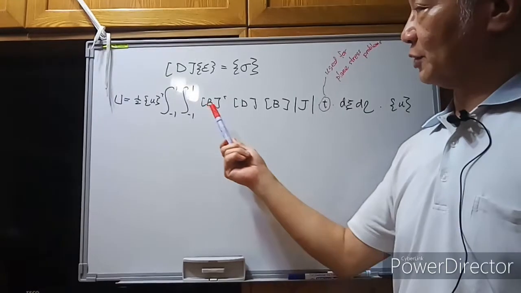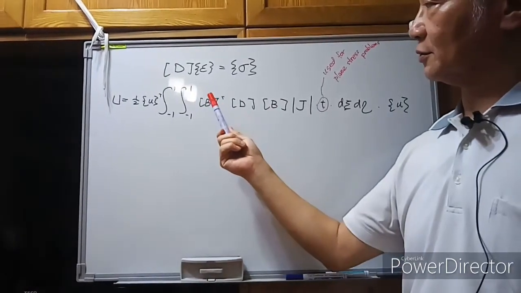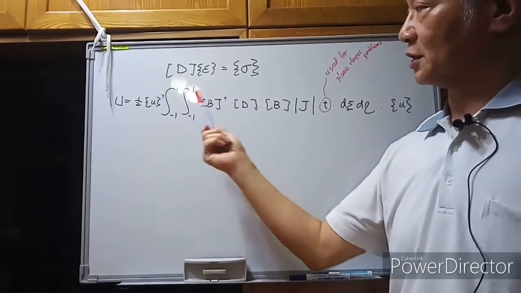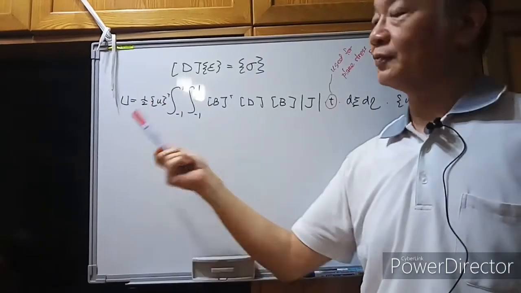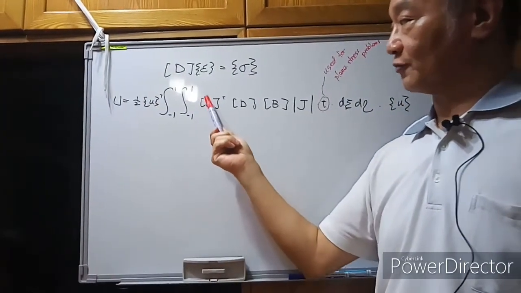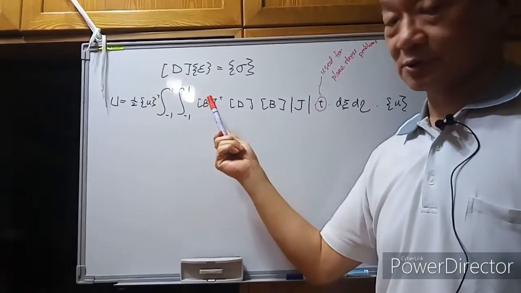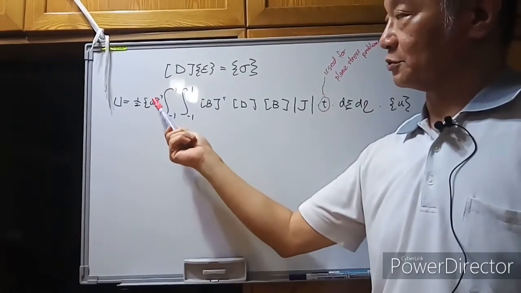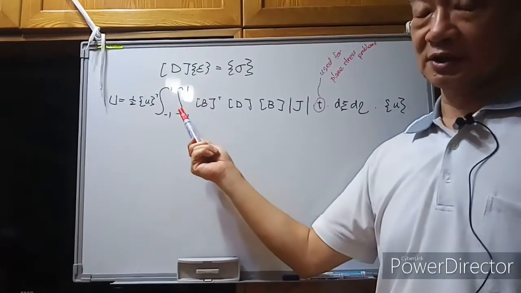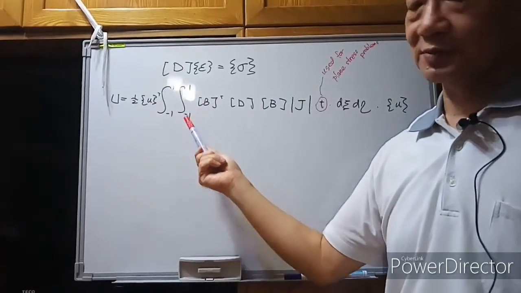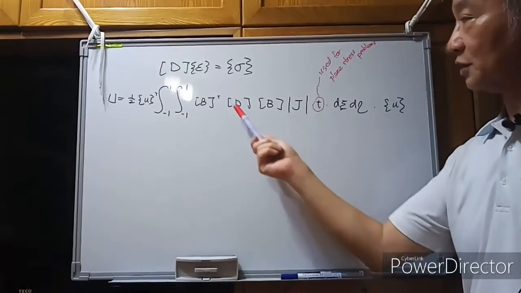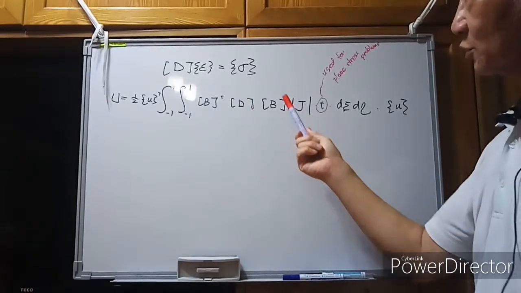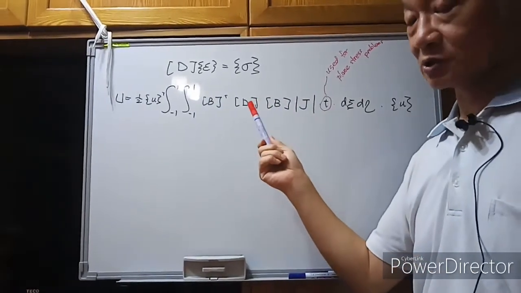Okay, so remember the epsilon is equal to the B times U, and if we need an epsilon transpose, we need to change it to the U transpose multiplied by the B transpose, and also we need to multiply the stresses inside the structure.